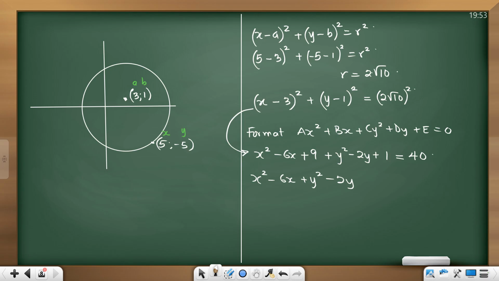What is 9 plus 1? 10. 10 minus 40, and I'm done. So you can take this and work backwards, and that's where we started from. Basically you're just expanding. You can work from your normal equation to the standard one equal to 0, and you can work backwards.